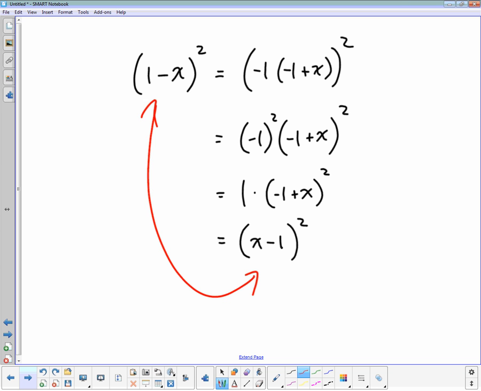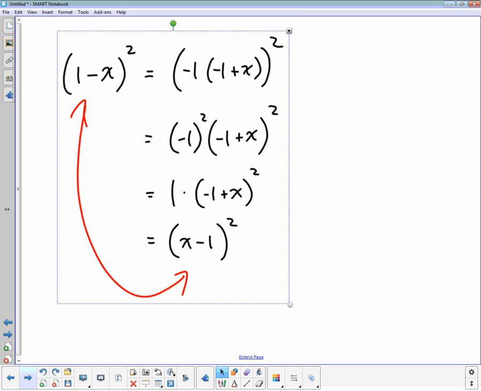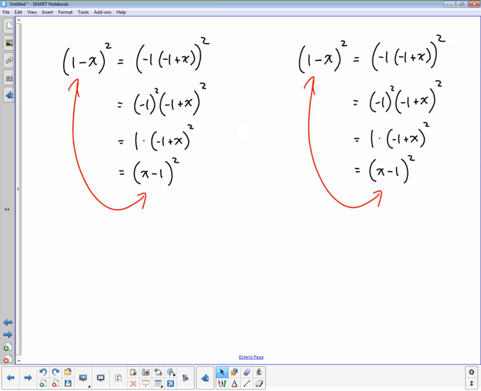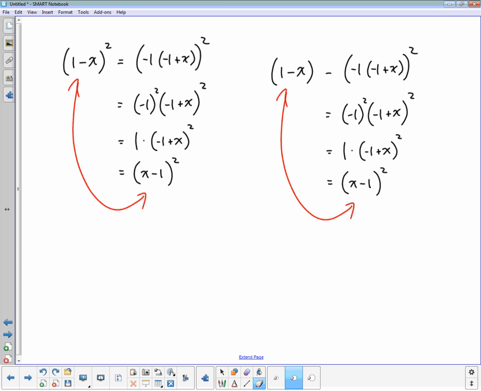Now, what would happen if that was not a square, but instead a cube? Would it matter? Now, what's negative?